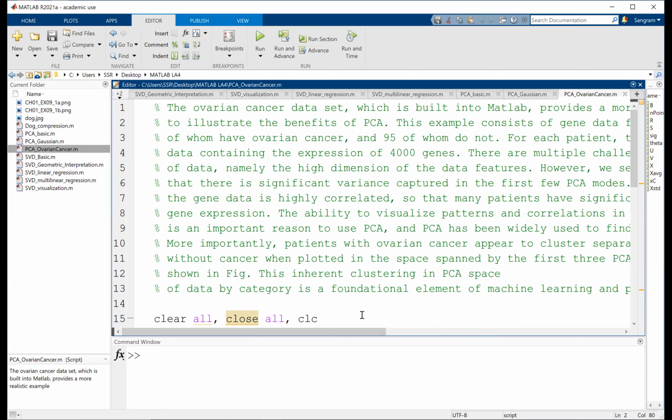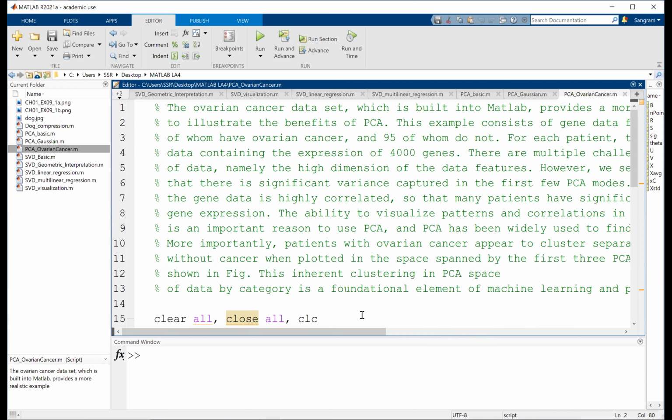So the question is, if a new patient comes in, we don't know if that person has ovarian cancer or not. Or we don't know whether that person will develop ovarian cancer or not. But what we know is the genome sequence. So based on the genome sequence, can we predict if that person has or will have ovarian cancer?